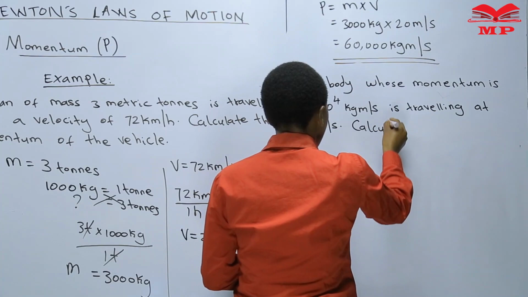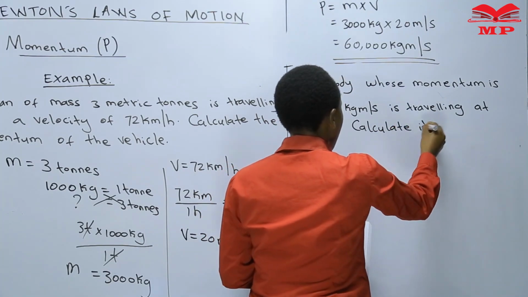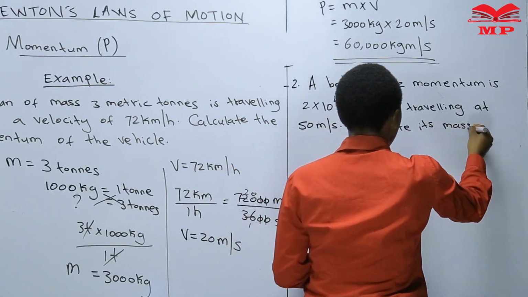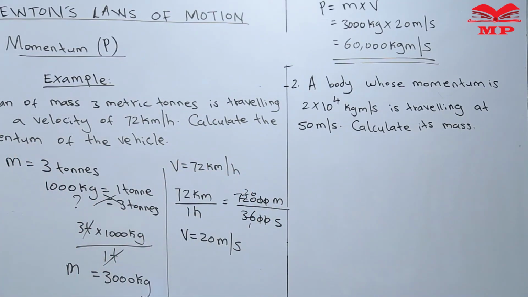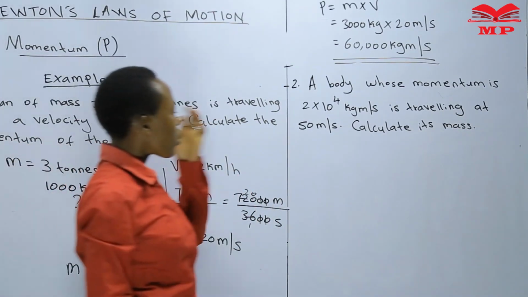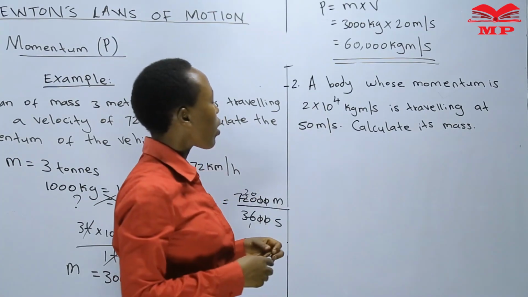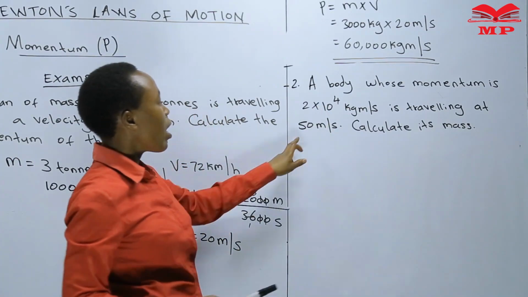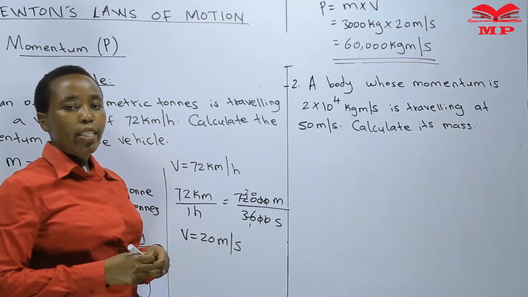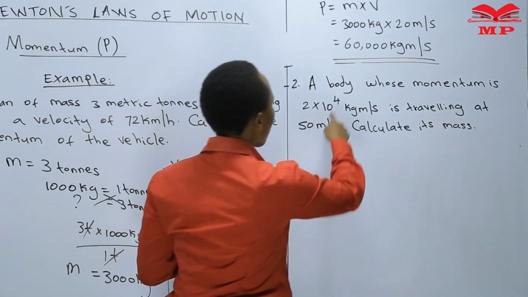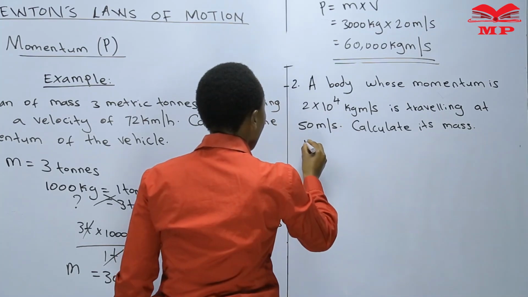So the question is, calculate its mass. A body whose momentum is 2 times 10 power 4 kilogram meters per second is traveling at 50 meters per second. Calculate its mass.